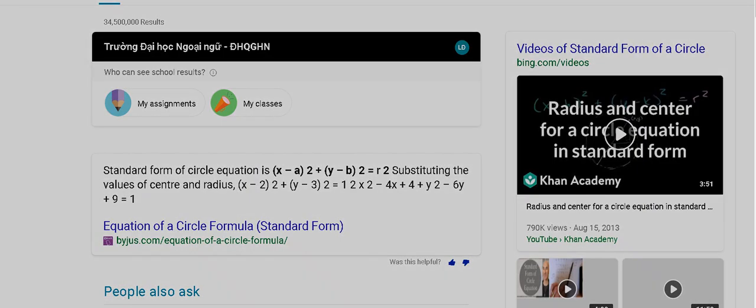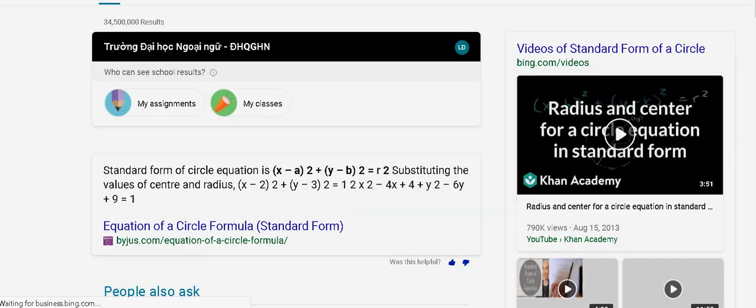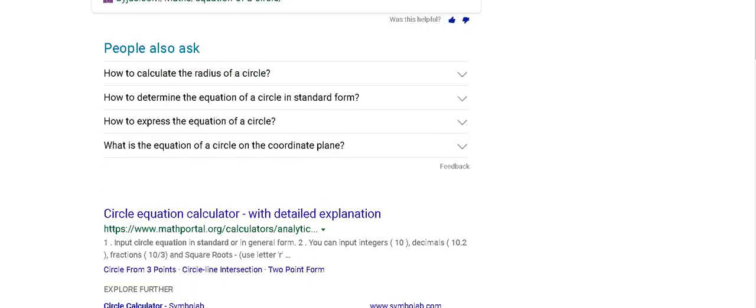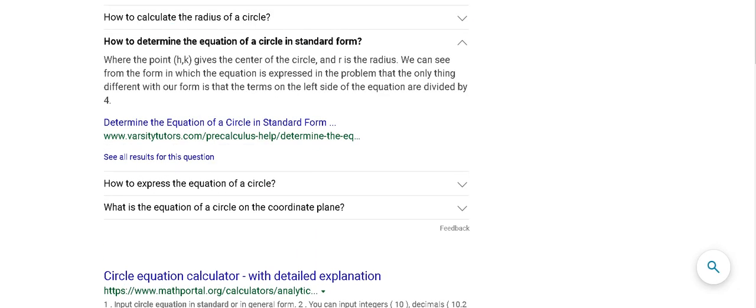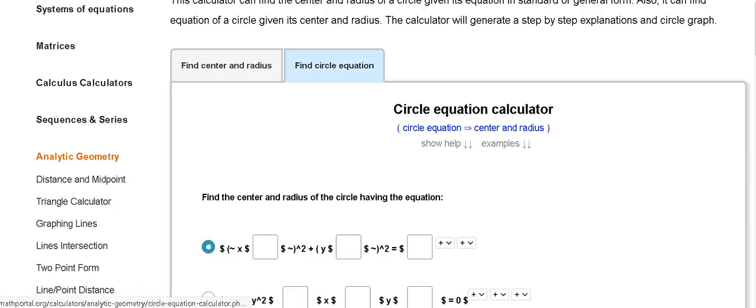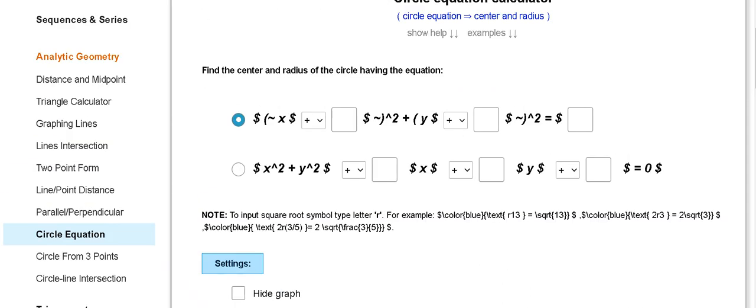Calculate radius from standard circle equation. Find center and radius.